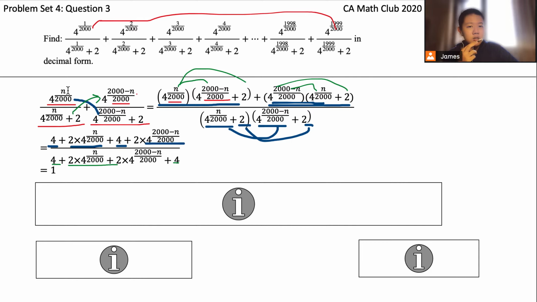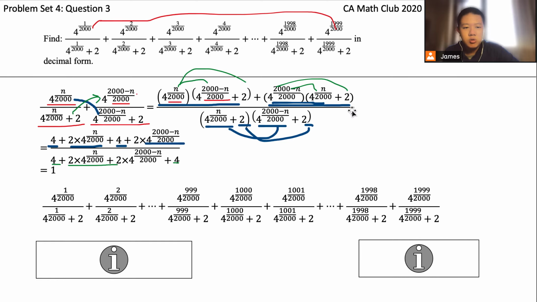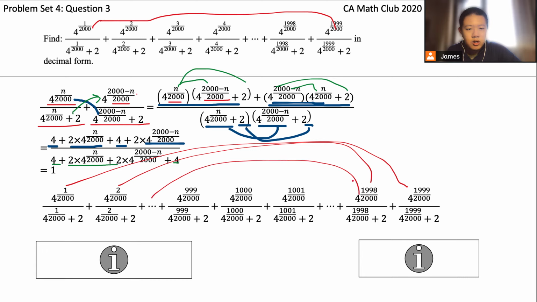So n could be any number in the range from 1 to 999. You don't need to consider values bigger than 1000, because that just changes the relationship between the first and the second term. When you group them together, 1 pairs with 1999, 2 pairs with 1998, and all the middle ones combine the same way.